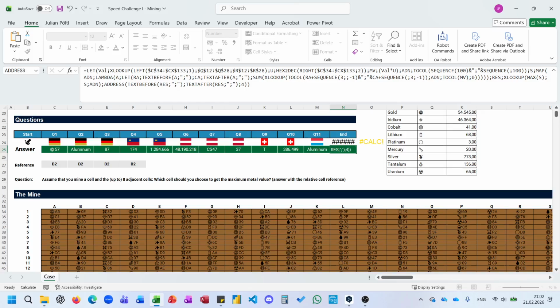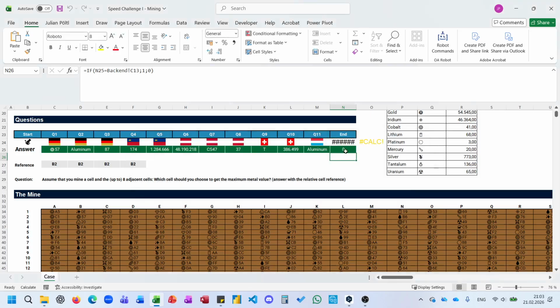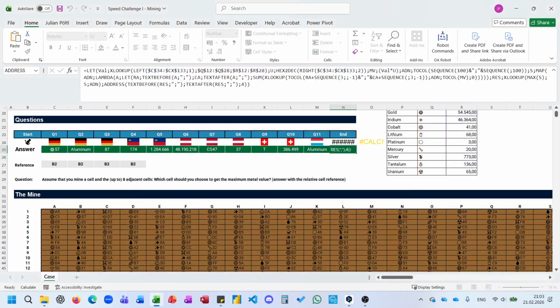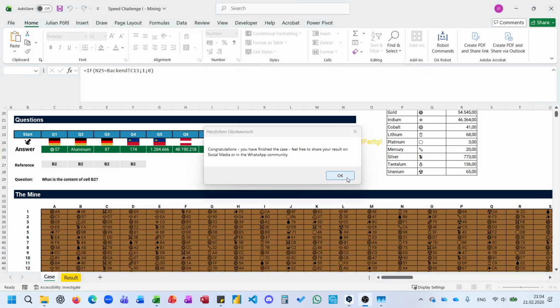It's quite slow somehow, but yeah, let's see. Why is this calculating so much? Interesting. Okay, it has finally calculated.